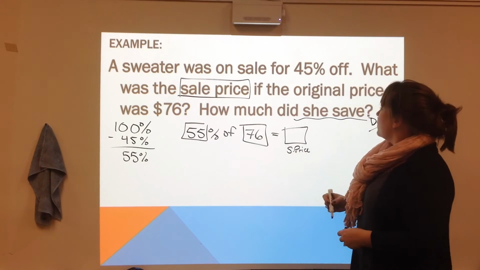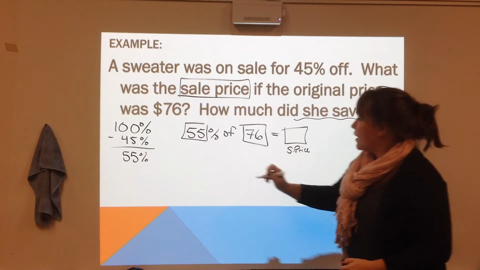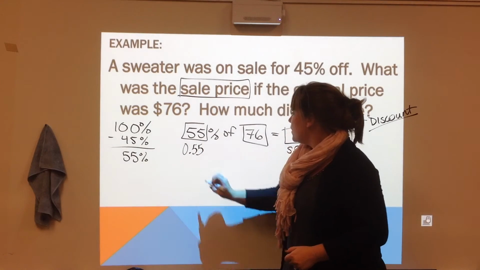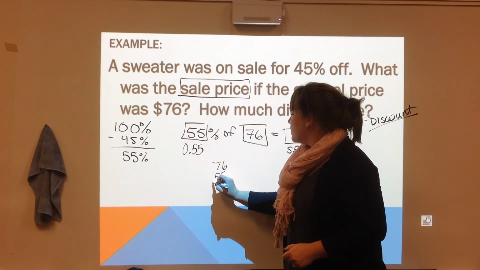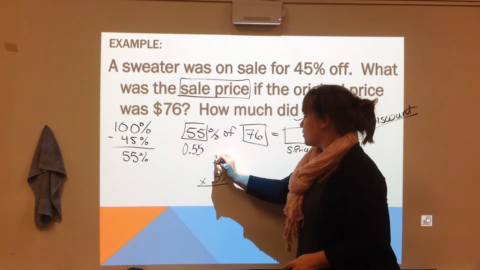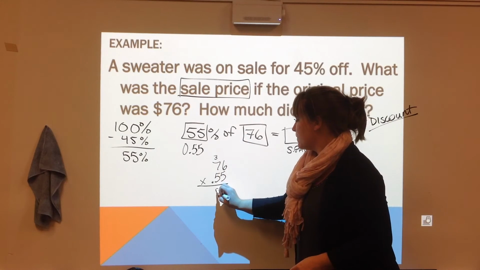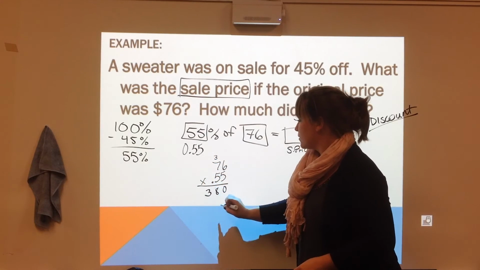So 55% as a decimal is going to be moving it over 2 places, and now we have to multiply 76 by that percentage. So we have 30, 35 plus 3, 38.